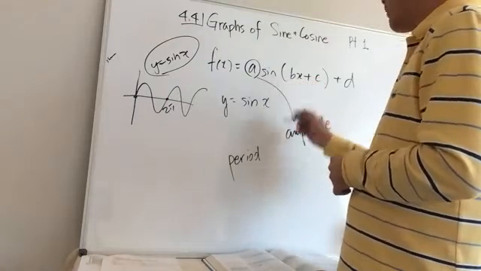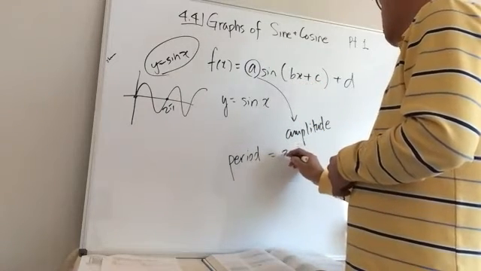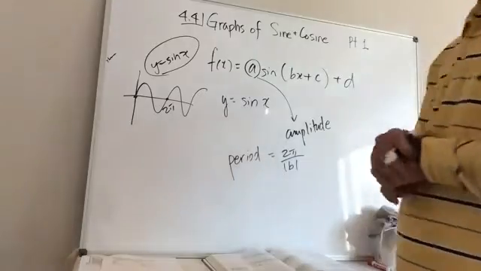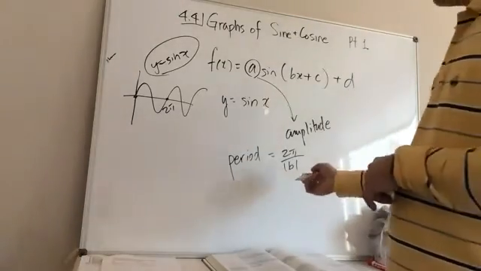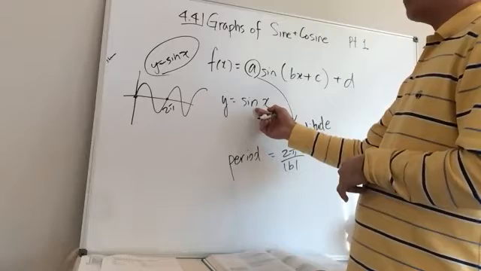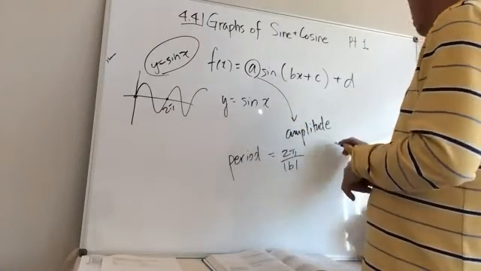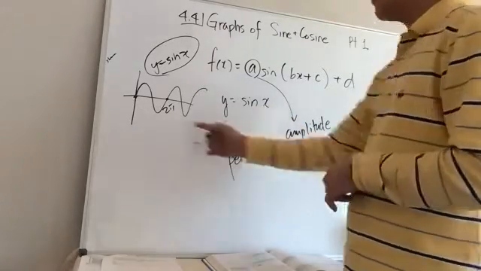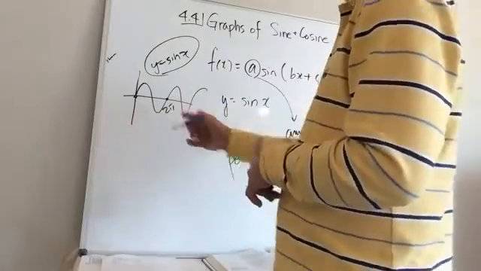So the way you find the period is you go 2 pi divided by the absolute value of b, okay? And here we said that our b was equal to 1, so our period would have been 2 pi, and we just verified that, yes, indeed, it is correct.